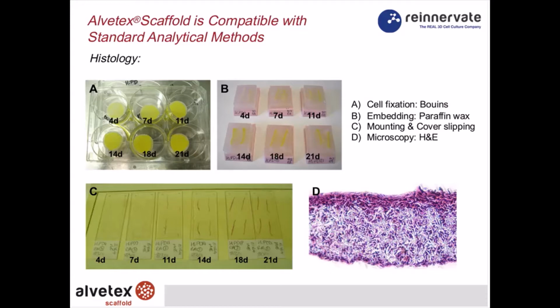Those discs are then embedded in paraffin wax, just like tissue, and then sectioned to create sections mounted on microscope slides, and these are then stained with, in this case, hematoxylin and eosin. So you can see the culture beginning to form over 21 days. And under the microscope you can see 3D cultures such as this. So our strength in terms of 3D cell culture technology is the formation of layered structures as they would form in the body.